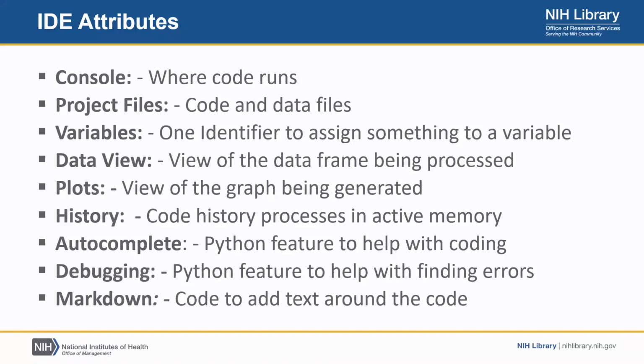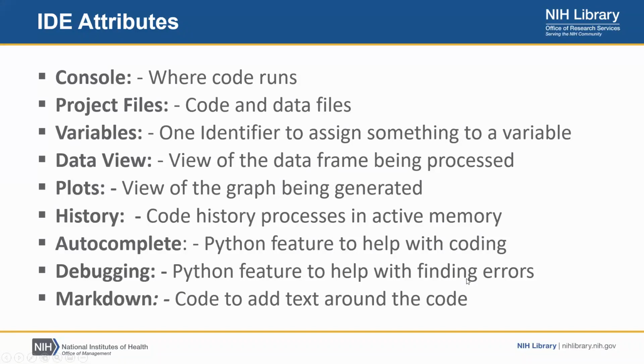So if you have very long object names, it'll autocomplete for you. It'll do that for functions and processes, any object that you've defined that's in your active memory, and functions as well. And again, that'll all occur in Colab as well as Jupyter Notebooks.